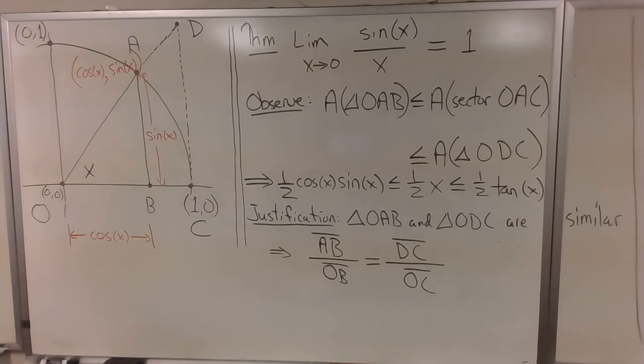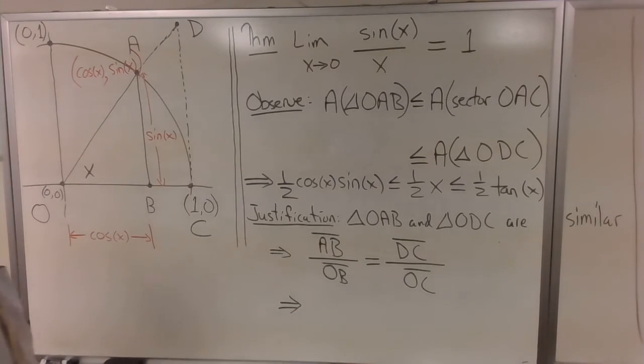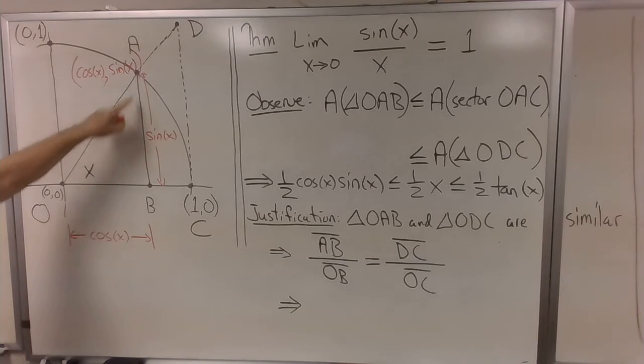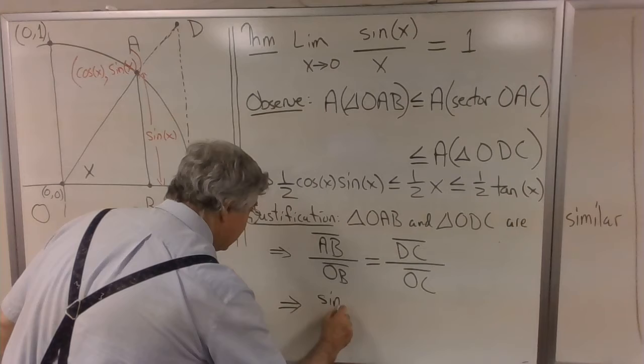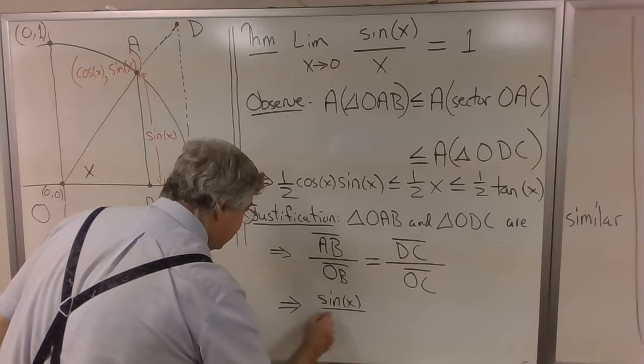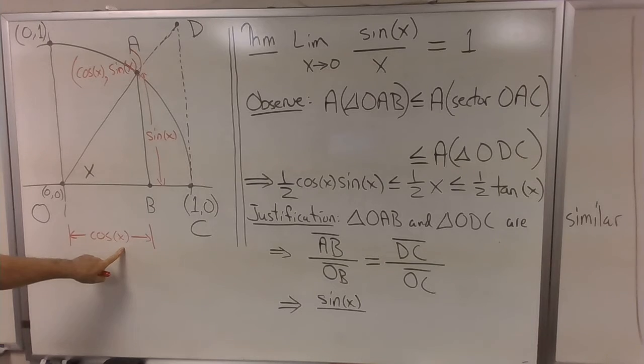Okay, now this is looking like something. AB, that's sine of x. OB is cosine of x.